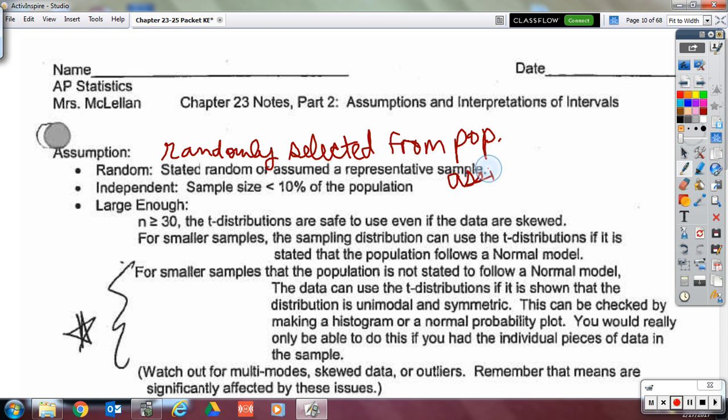Randomly assigned to the what? Good, to the treatment groups. I'm going to have to fix my song now that that's different. Randomly selected from the population or randomly assigned to the treatment groups.